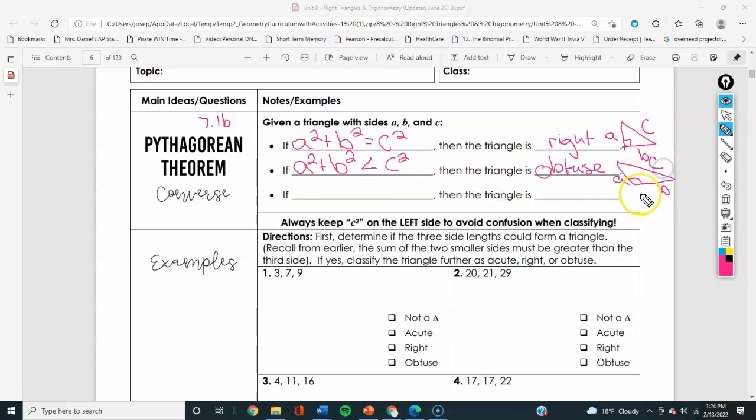Because c is larger, it extends it out and makes it a little bit wider, like that hinge theorem we talked about. And now, if a squared plus b squared is greater than c squared, then it's a cute little triangle, which means all the angles are less than 90 degrees, right? Every angle is less than 90.